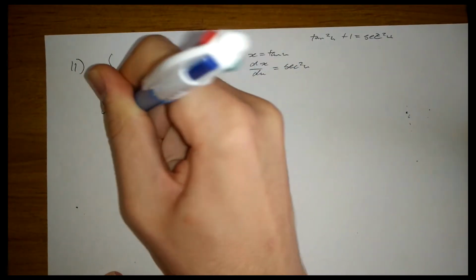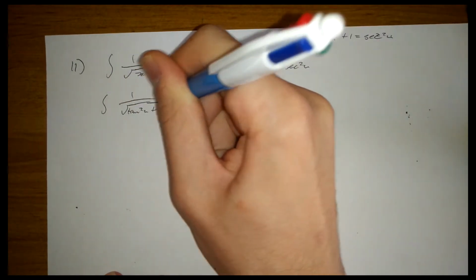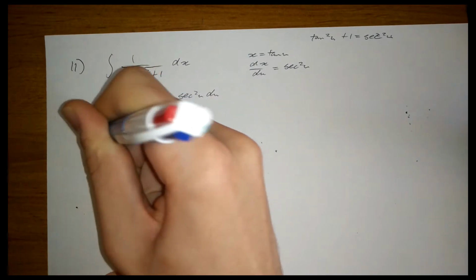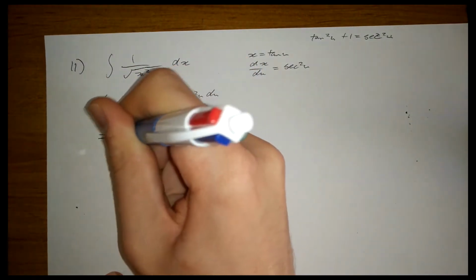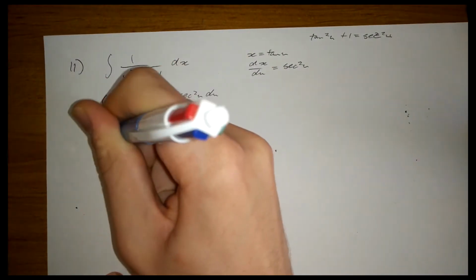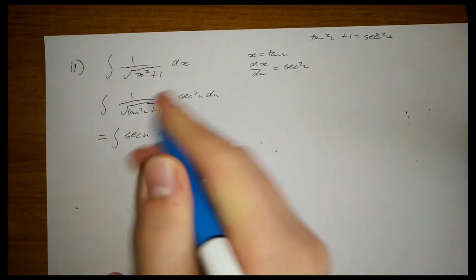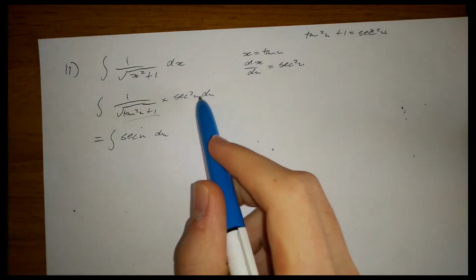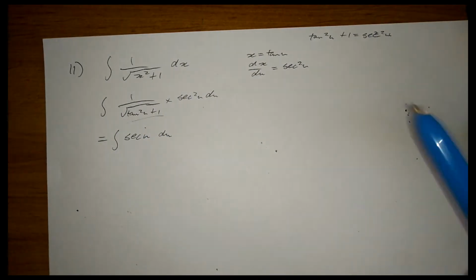Tan squared u plus 1 times sec squared u du. So that simplifies down to sec u du, because that goes to the square root of sec squared u, which is just sec u. Sec squared u divided by sec u is just sec u. Okay?